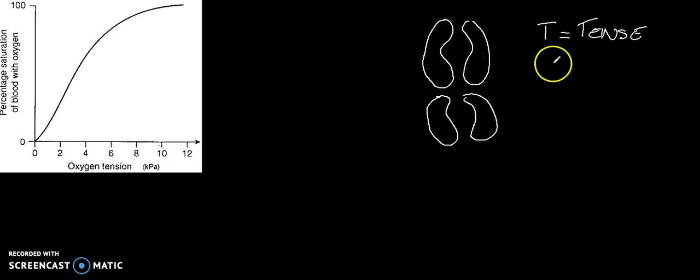Oxygen binds onto iron molecules that are in each of the 4 hemoglobin subunits, the chains of hemoglobin. They're alpha and beta chains. It doesn't matter which one's which, it's not particularly important for our level. Oxygen will hook on to this iron, and as it does, this molecule becomes progressively more saturated.